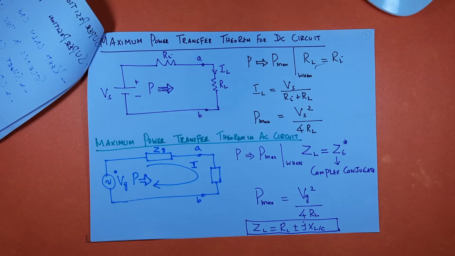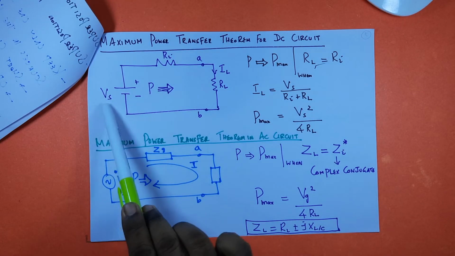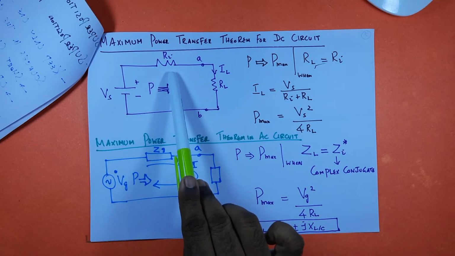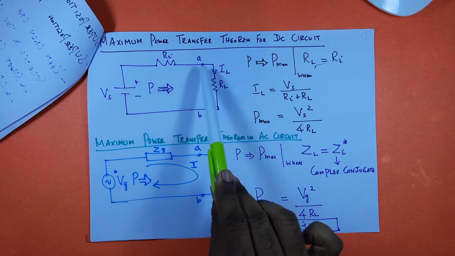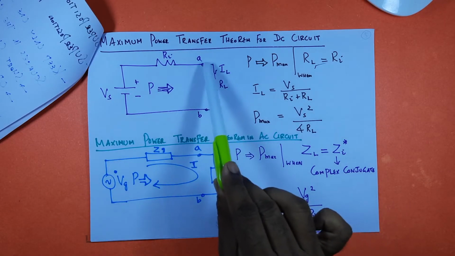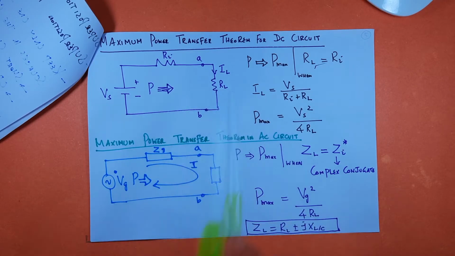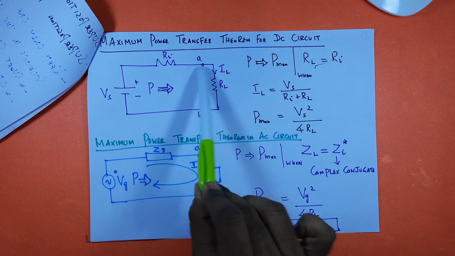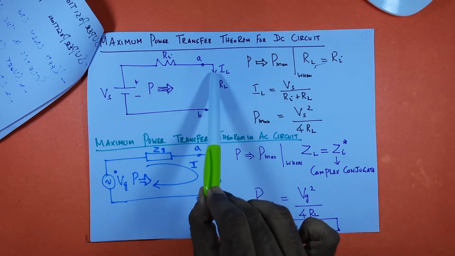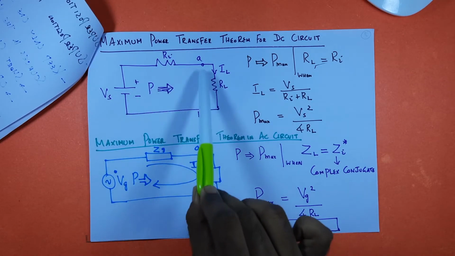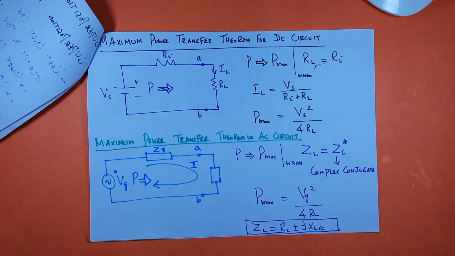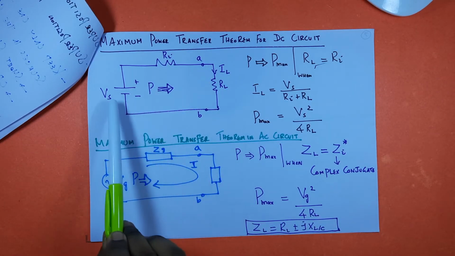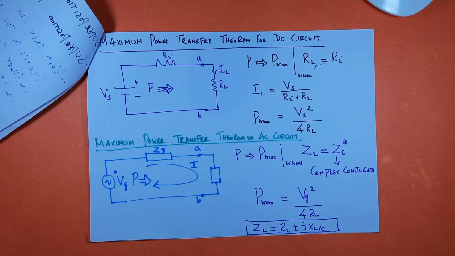Next we have maximum power transfer theorem for DC circuit. So you have one voltage source in series with an internal resistance Ri. A and B are the terminals across which we have the load resistor RL. From the source through Ri and RL, this current flows. This is the load current IL. P is the power transferred from source to the load.